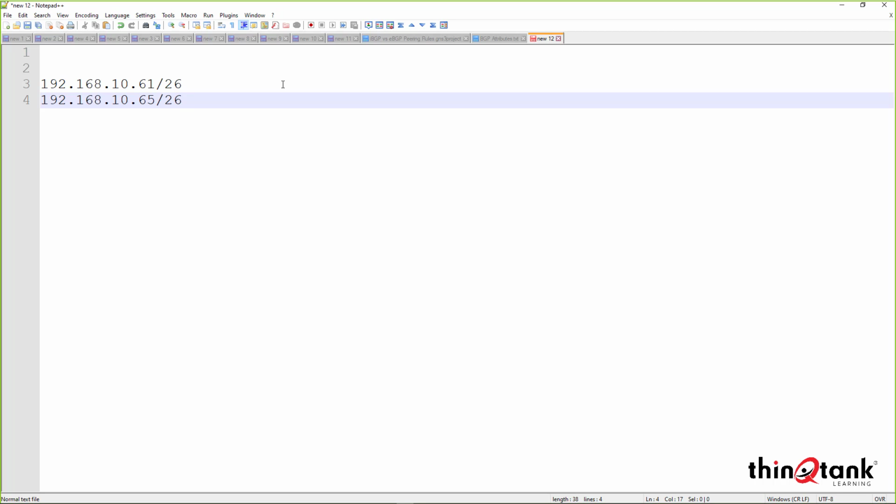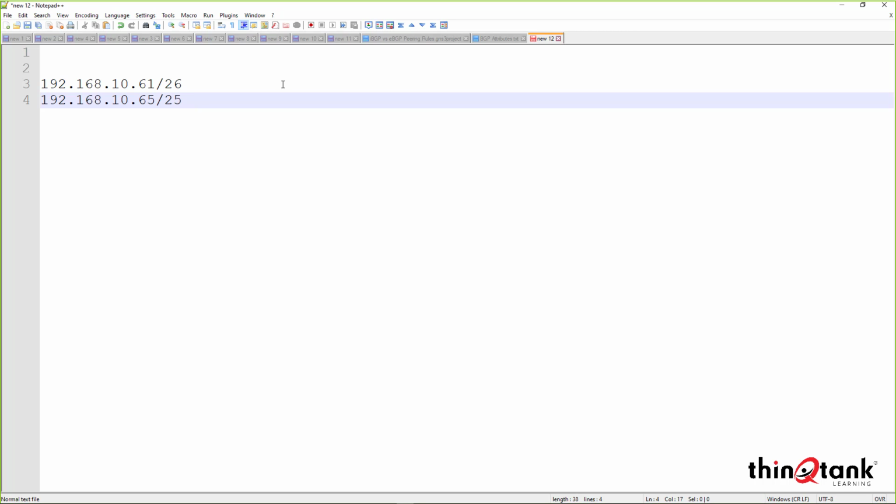65 and 61 with those subnet masks would not be able to talk to each other unless they went through a router. So 65 is not going to ARP 61. 65 is going to try and ARP its gateway to get to 61, because it knows mathematically it's not in the same subnet.